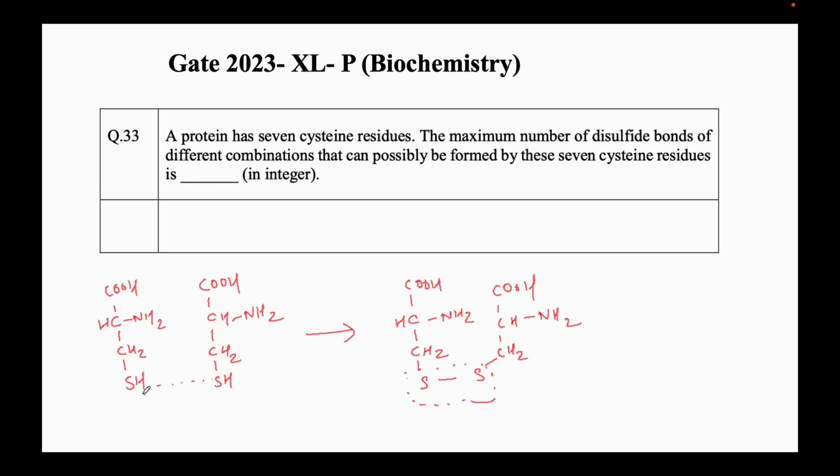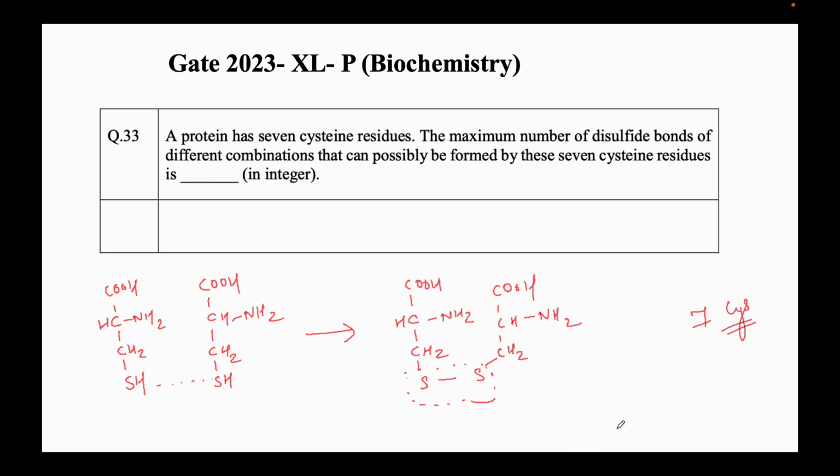So when there are two cysteines, only one disulfide bond can be formed between them. Okay. So here in the question they have said that there are 7 cysteines.